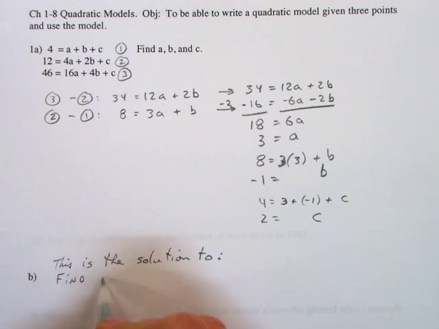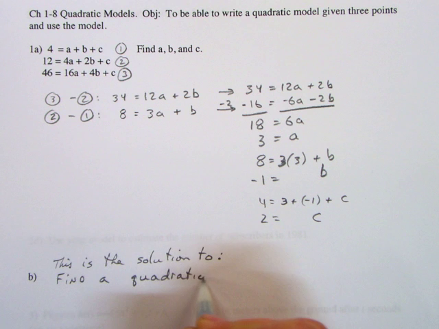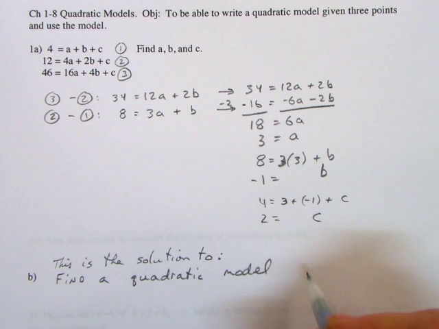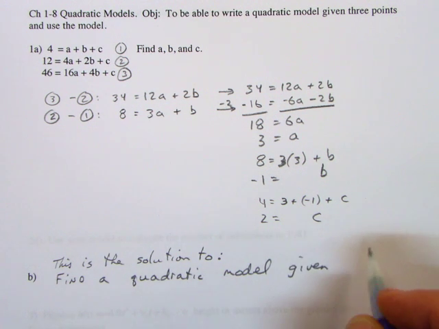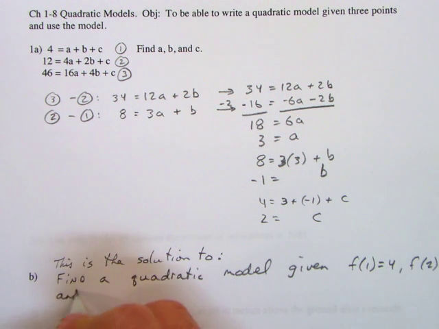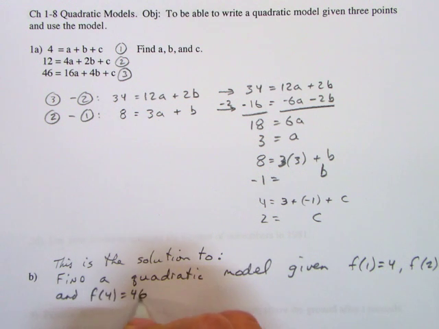Find a quadratic model given f of 1 equals 4, f of 2 equals 12, and f of 4 equals 46.